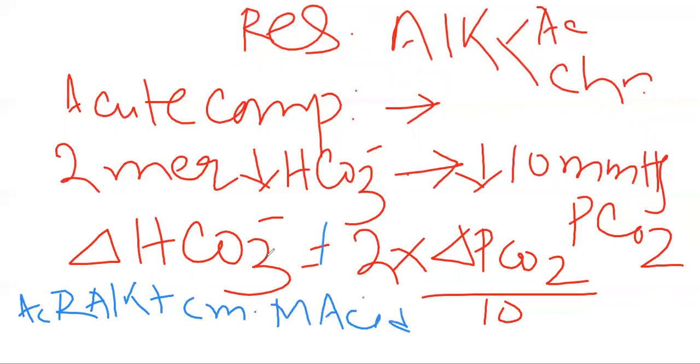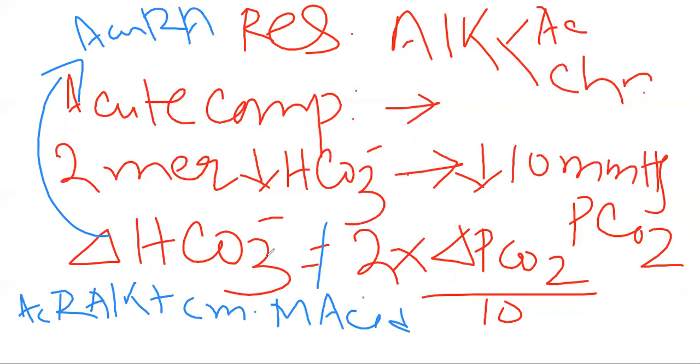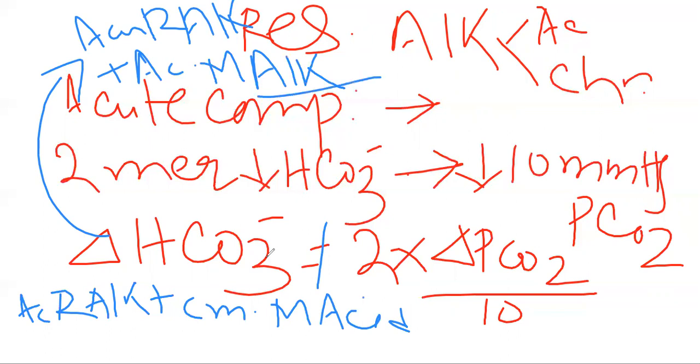But if it is not matched with this equation, then your answer should be acute respiratory alkalosis plus acute metabolic alkalosis. So this is the thing that you need to understand.